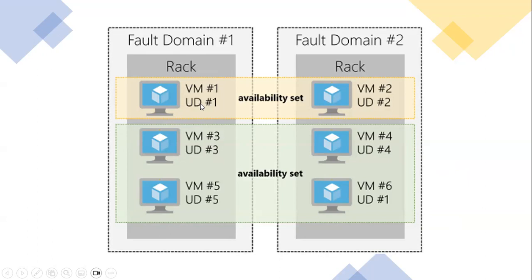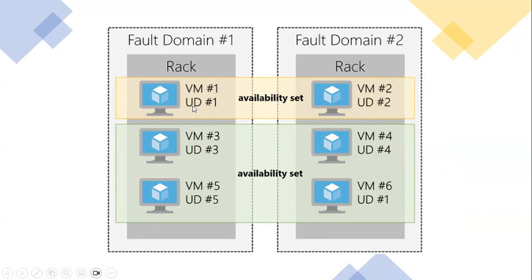Now, here is an availability set. In this availability set, if VM1 goes for an update, then VM2 is available, because VM2 is in update domain 2.